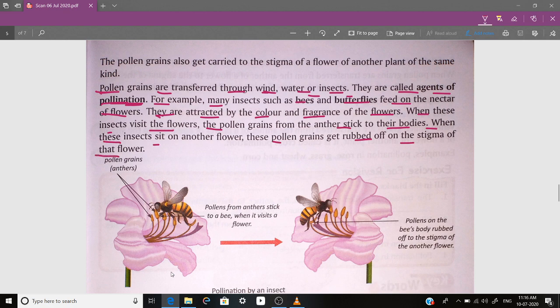Basically, when any insect sits on the anther, the pollen grain sticks on the body of the insect, and when this insect sits on any other flower, this pollen grain sticks to the stigma of that flower. In this way the pollen grain gets transferred, and this process of pollination occurs.